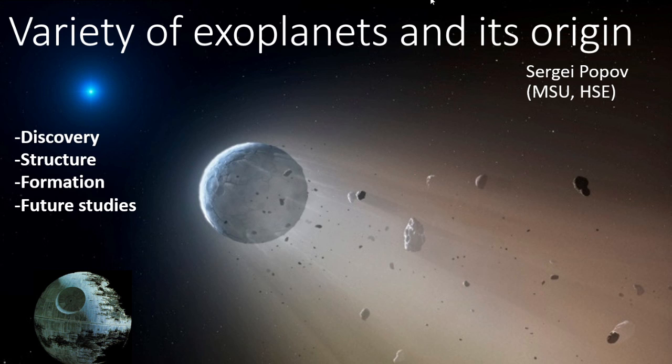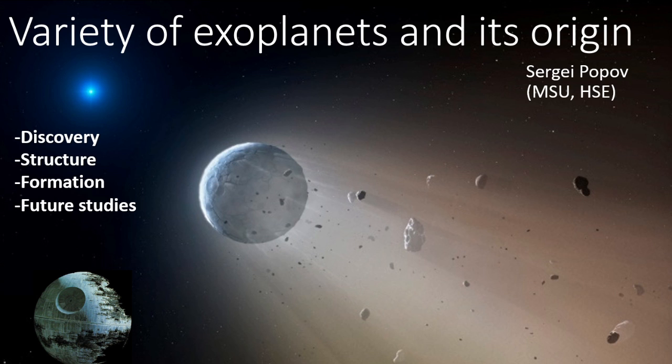So I'll try to demonstrate to you the variety of exoplanets and show that, on one hand, there are many different, sometimes very peculiar examples of these objects. On the other hand, we already know enough to say that not everything is possible.